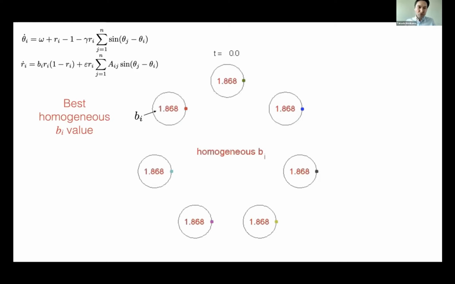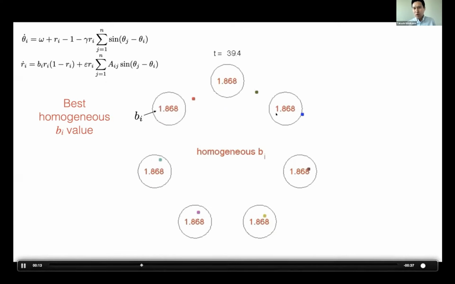So this state has the same symmetry as well. If you choose the beta_i parameter value to be homogeneous across all the oscillators, and you start your system very, very close to the synchronous state, here's what happens. It starts to desynchronize because the state is unstable, despite the fact that I have actually chosen this 1.868 to be the best common value of this parameter in terms of stability.